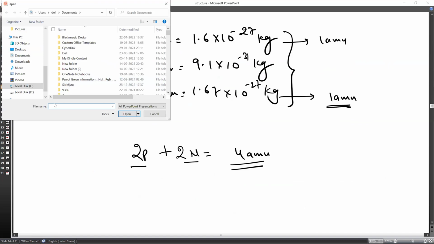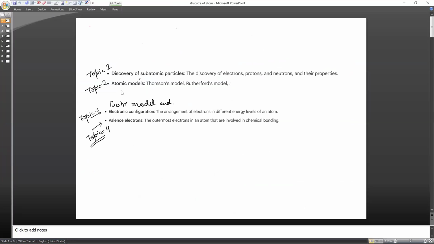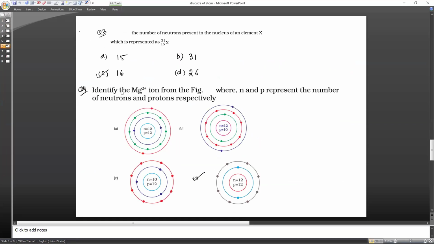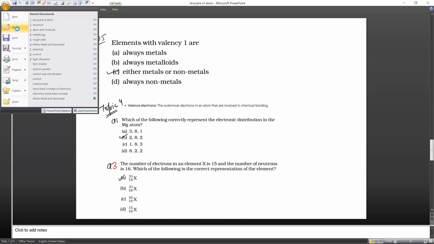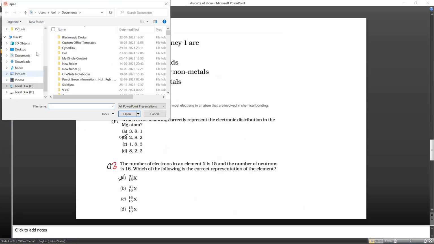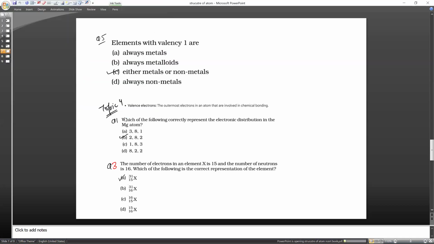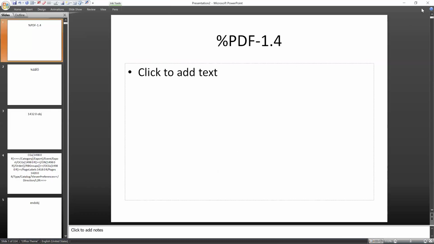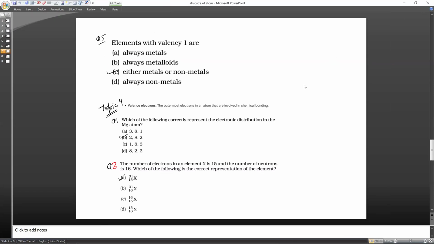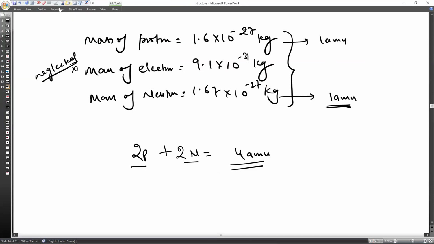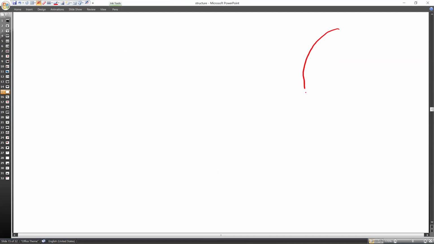Let me tell you the structure of atom. He gave a model, and that was the structure of atom, the first structure of atom given by him, and it is also called plum pudding model.